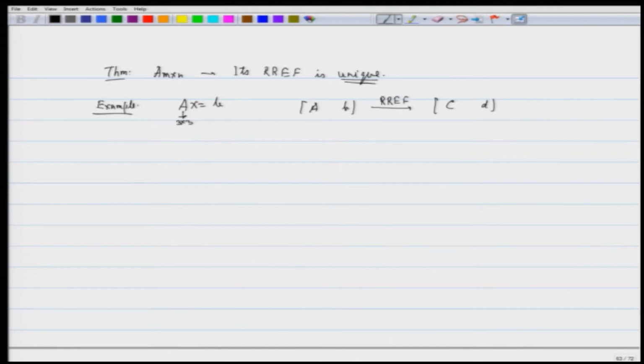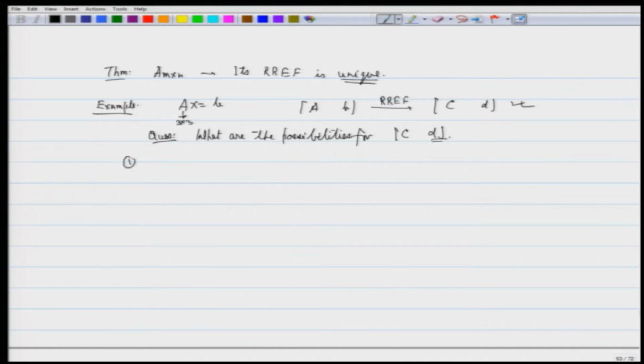Question is, what are the possibilities for CD?